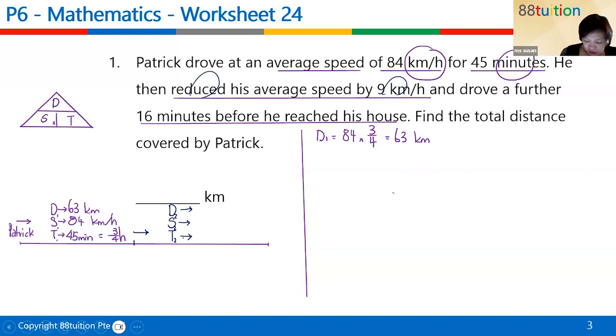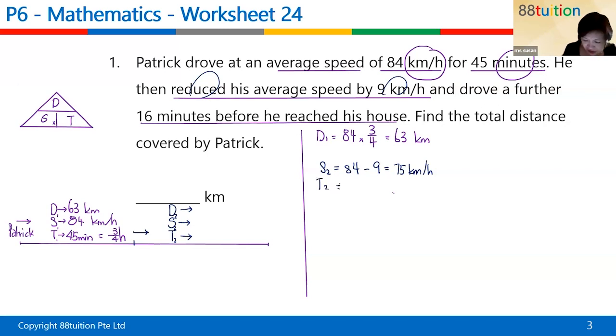All right. So now my new speed for S2 is 9 kilometers slower. So what is 84 minus 9? That will give me 75 kilometers per hour. Okay. But then we have the time taken.